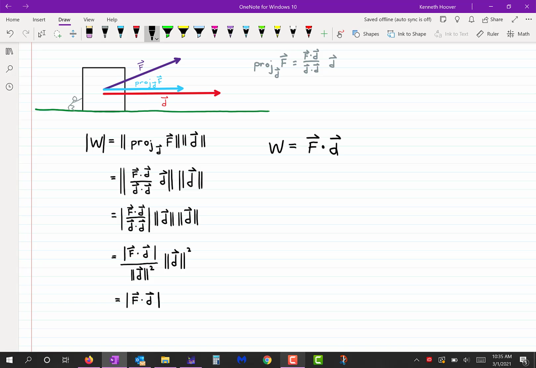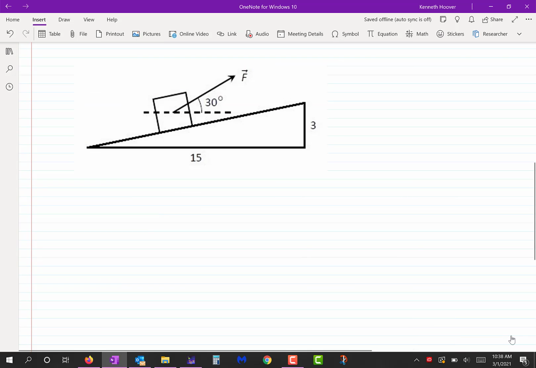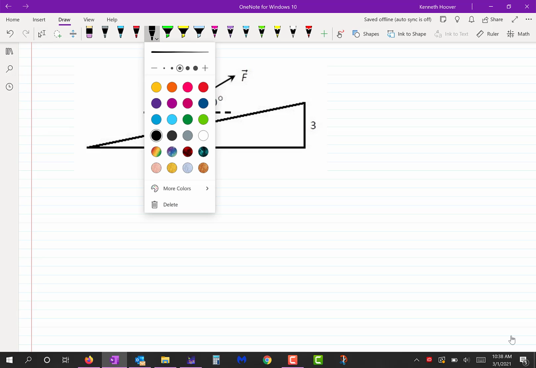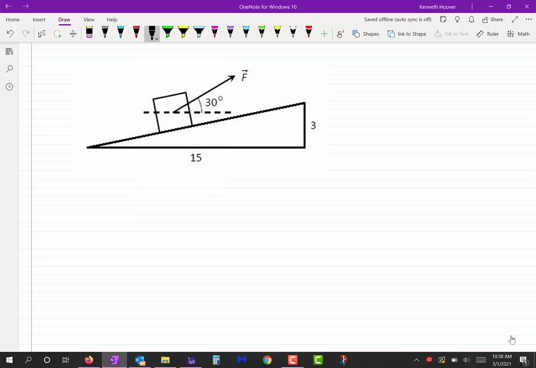Okay, so we're going to do one example. In this example, a force of 50 pounds is exerted on a box at an angle of 30 degrees above horizontal.